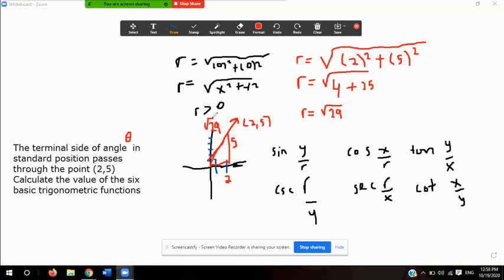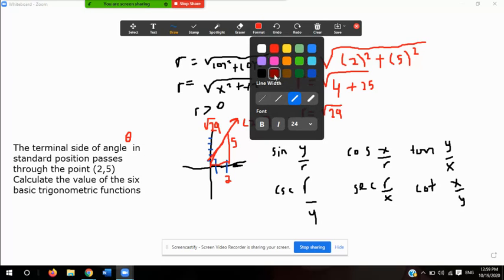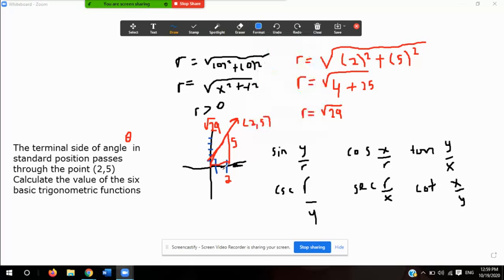So r is the square root of 29. What I'm going to do now is find the sine. Remember that here is where my angle is. Let me shade that in a different color.